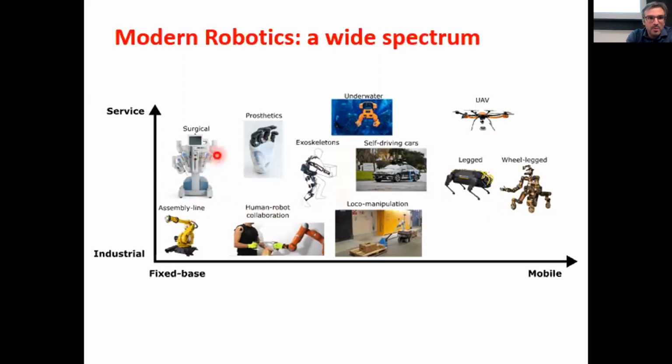Then you have surgical robots. Surgical robots, for example, are very important whenever the surgeon wants to create a cut on a pharynx. The surgeon draws the cut on a tablet, and the robot with a laser will perform the cut very precisely.